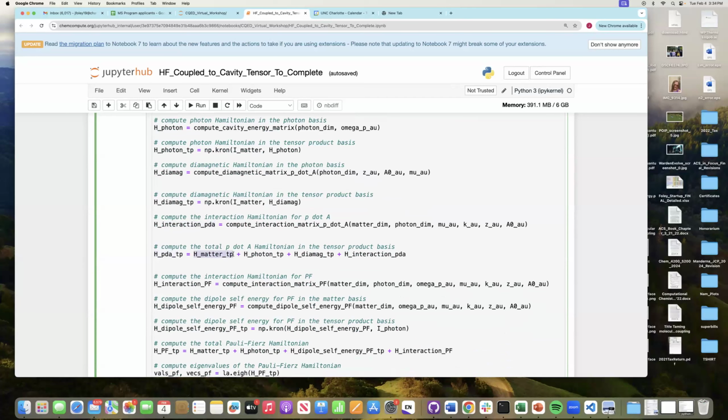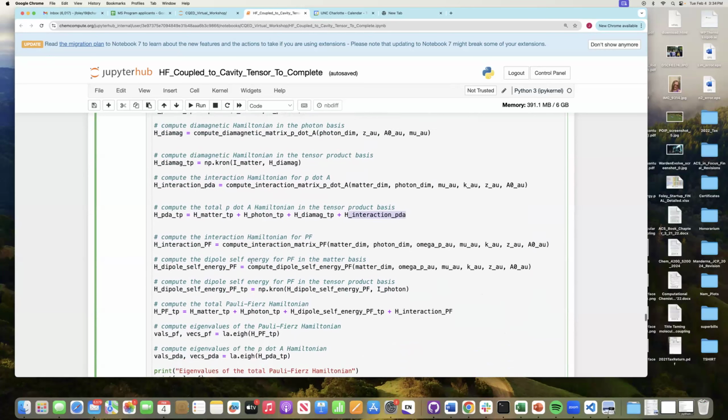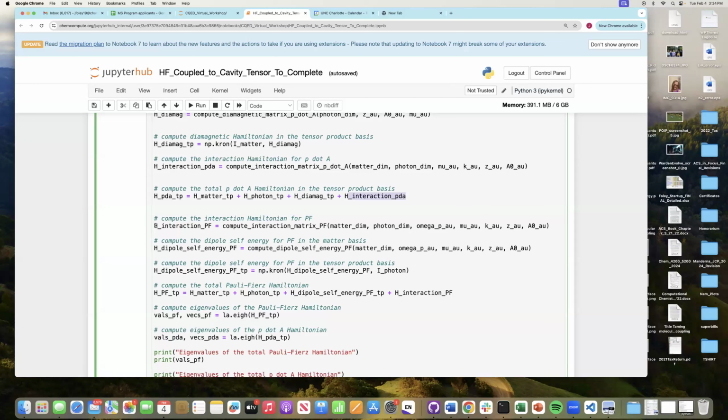It's going to be that matter Hamiltonian tensored into an identity for the cavity, identity for the matter tensored into the Hamiltonian for the cavity, the diamagnetic term, which is an identity for the matter tensored into the diamagnetic term for the photon, and then the interaction. And then we'll do the same thing for the Pauli-Fierz. The Pauli-Fierz has a different interaction matrix than the P dot A, so we compute it here.